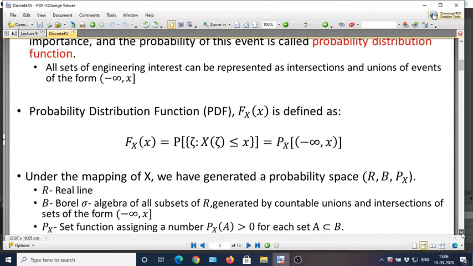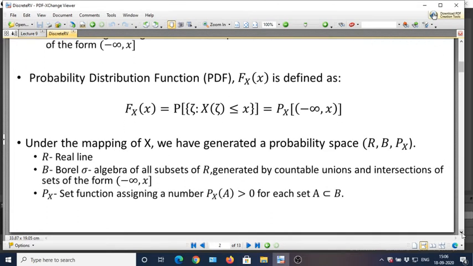So we see that under the mapping defined by the random variable X, we have generated a new probability space. We originally had the sample space, the event space, and then the probability measure on that, the probability triple we had.